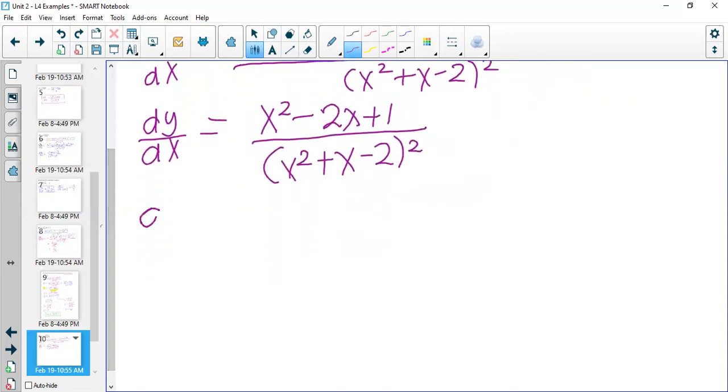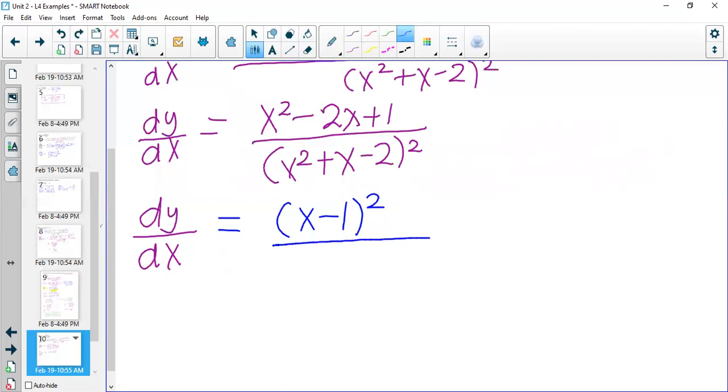Now I want to factor this because unlike the questions we've had before, both numerator and denominator can be factored. So the numerator can actually be factored as x minus 1 squared. Now we have to be careful because of the x squared plus x minus 2 squared.